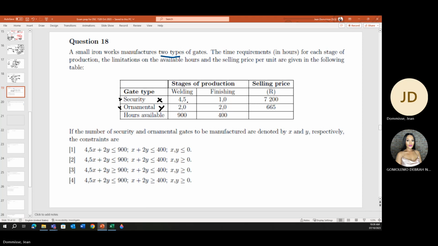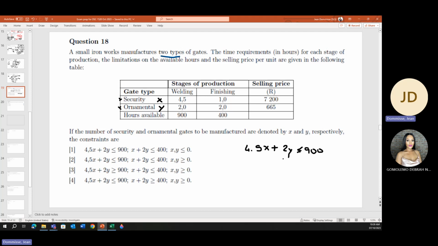So we can say then, well, for welding, we can make 4.5 security gates. We can make 2 ornamental gates, but for all of them, we only have 9 hours available. So 9 hours max, so smaller or equal to 9 hours.